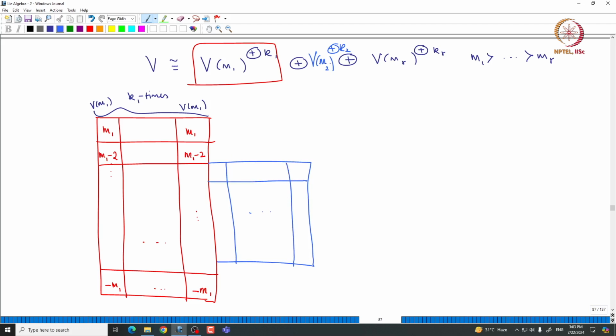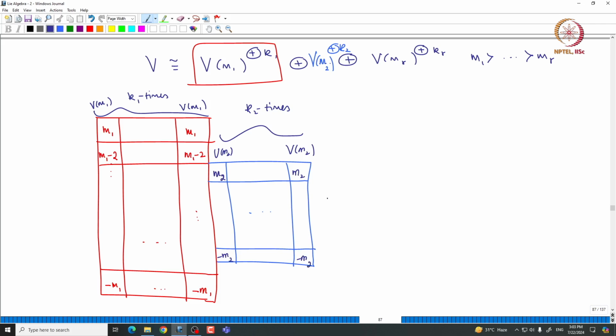You have copies of Vm2, and it appears k2 times, and here the top weight will be m2, here m2, and then the bottom last weight will be minus m2 and minus m2.